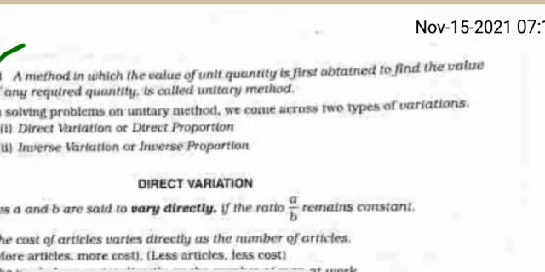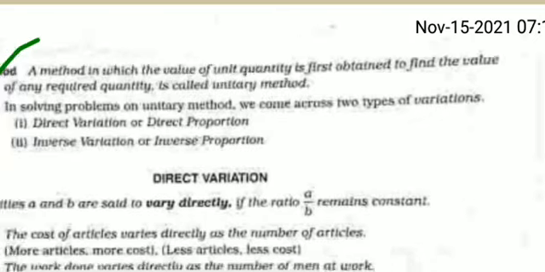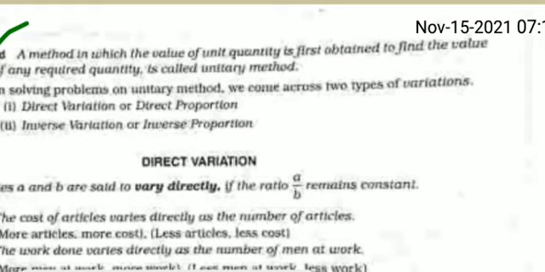For that case, you have to write like this: the cost of 5 pens is rupees 10. Therefore, the cost of 1 pen will be 10 by 5, because less quantity of pens, the cost also will be less. That means 10 by 5, that means 2 rupees.